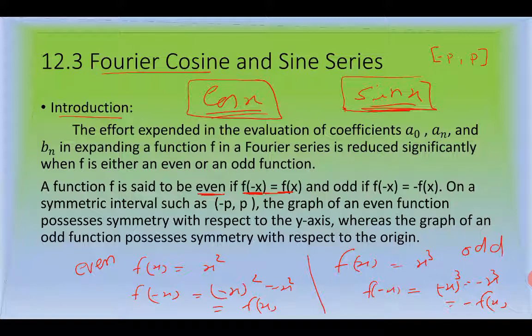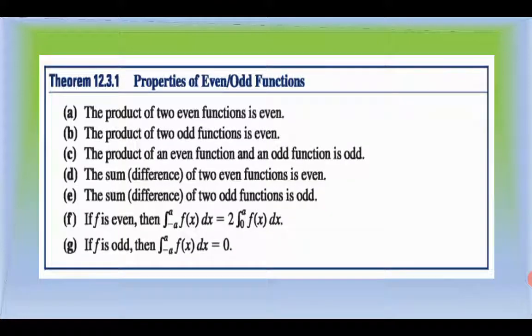The question of odd and even arises when the interval is symmetric: negative p to p, negative 1 to positive 1, negative infinity to positive infinity, negative 2 to positive 2. In this case, the question comes whether the function is even or odd. What are we going to do with this information?